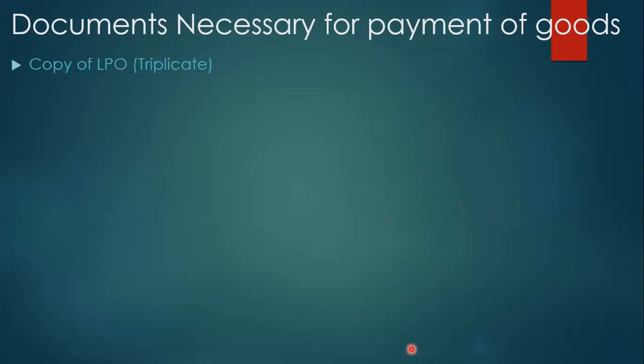We have a copy of LPO, specifically the triplicate, from the counter book. LPO is local purchasing order. We have that booklet, that counter book. In every leaflet, we have 4 leaflets that you're supposed to write for each supply of goods.